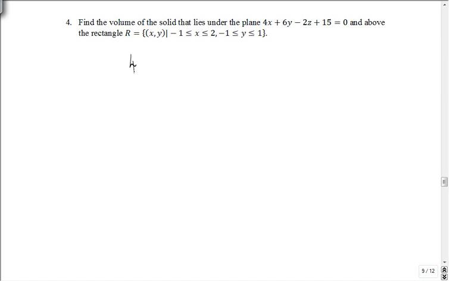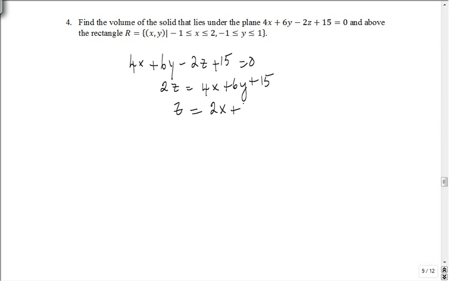So you have 4x plus 6y minus 2z plus 15 equals 0. So 2z is 4x plus 6y plus 15. And so z is 2x plus 3y plus 15 over 2. And this is equal to f of xy.